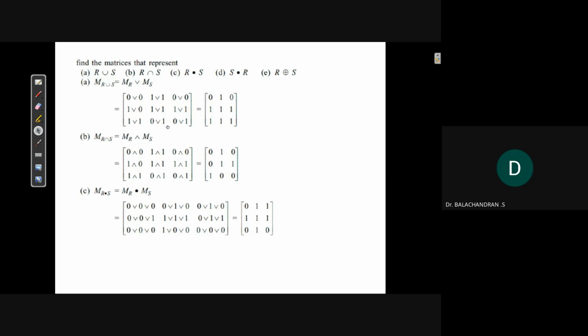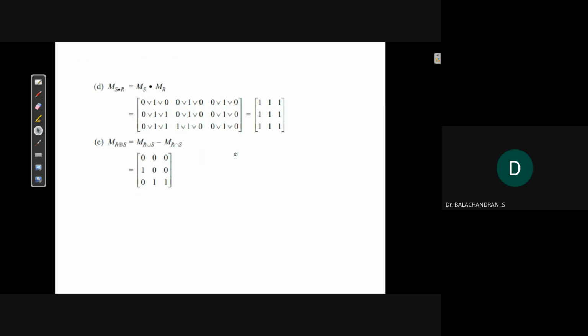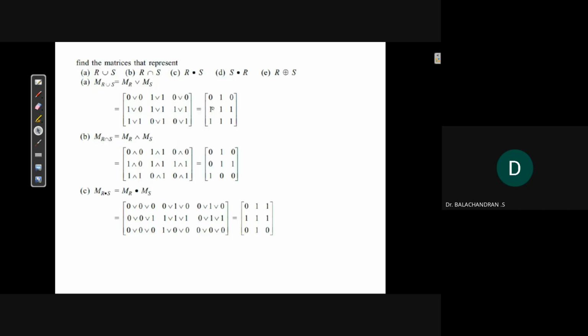Next, 0 minus 0 is again 0. Next, here 1, here 0, so 1. Actually, this is union, this is intersection. Suppose here it is 0, it should be 0 here.